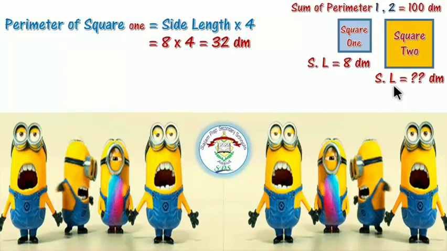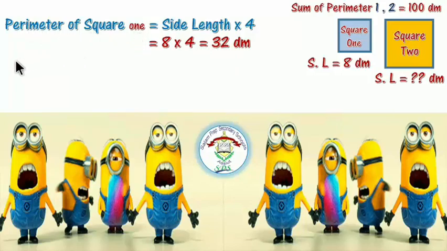Okay? It's the requirement. To find this, we must do this step. Perimeter of square 1 equals side length times 4, side length equals 8 decimeters. So 8 times 4 equals 32 decimeters. This is the perimeter of square 1.